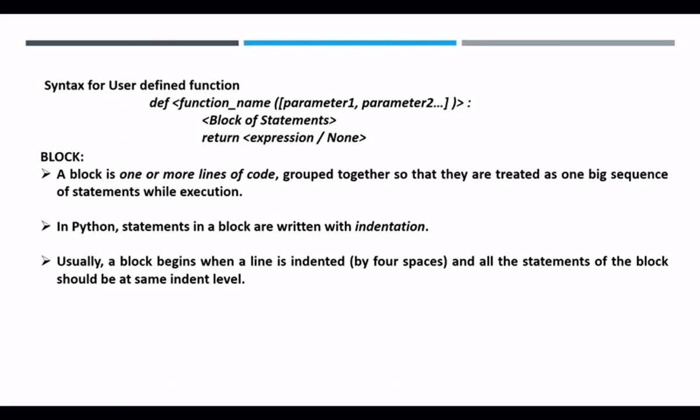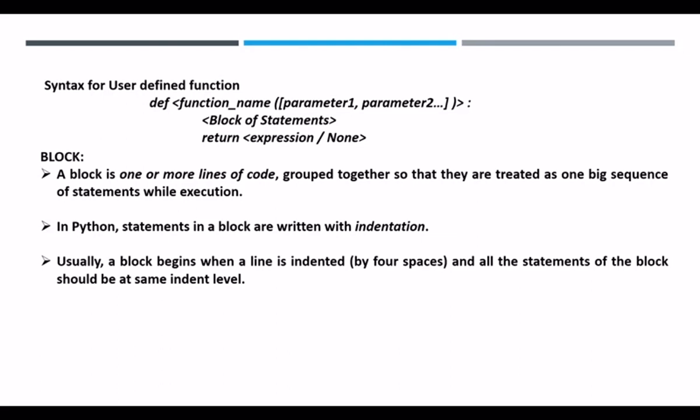Why we give it as a block is that when we execute a program, all the lines, sometimes if we have 2 lines or 3 lines or 5 lines in a block, all these 5 lines will be treated as a big sequence of statements and will be executed together.